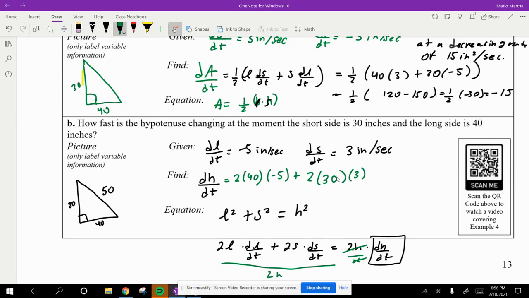And then everything divided by 2 times the hypotenuse, or 2 times 50, right? Again, start simplifying. So this is 2 times 4 is 8, so that's negative 400, plus 180, and then over 100.